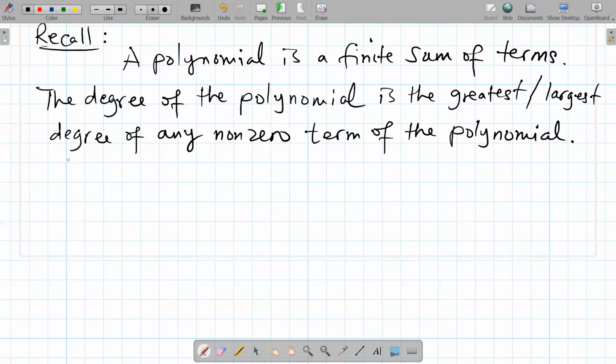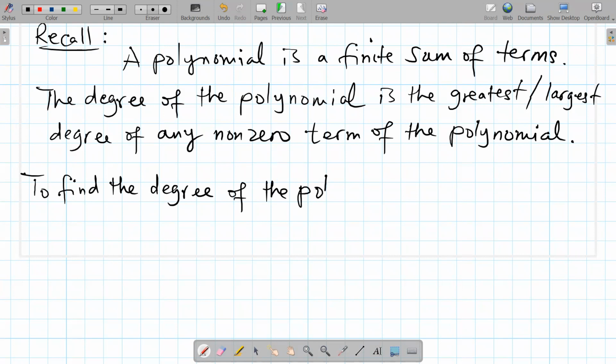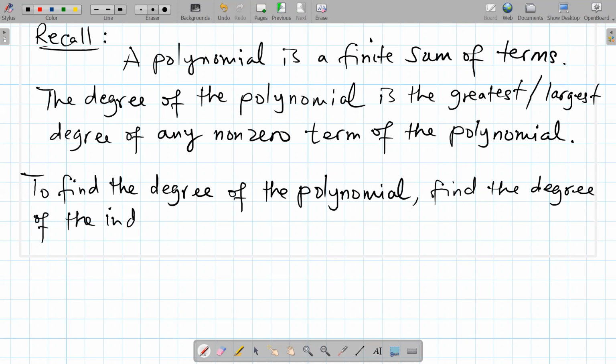So let me put it this way. To find the degree of the polynomial, all that you got to do is find the degree of the individual terms.